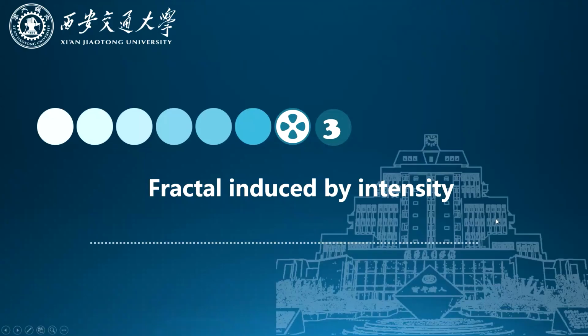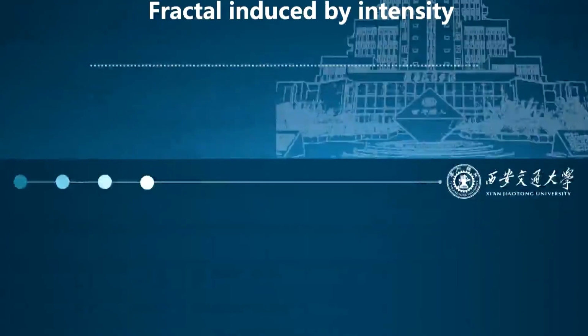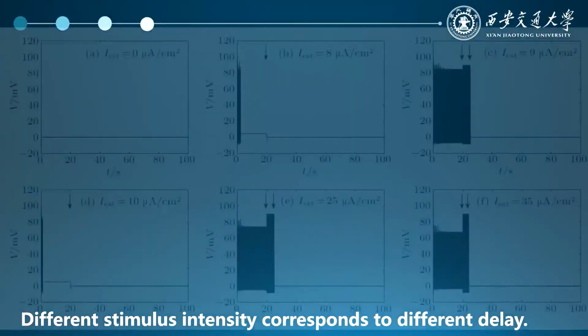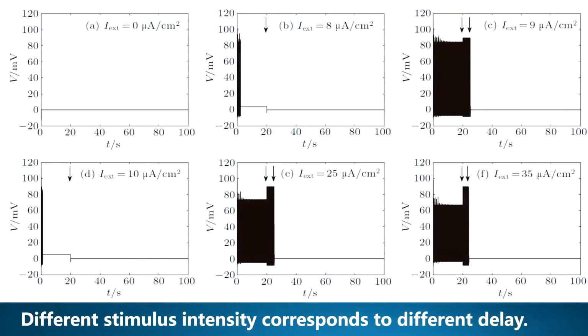And the third part is fractal induced by intensity. This is stimulus intensity. As in the previous research, here are 6 graphs showing the neural membrane potential for different stimulus intensities. The delay is also affected by the stimulus intensity.